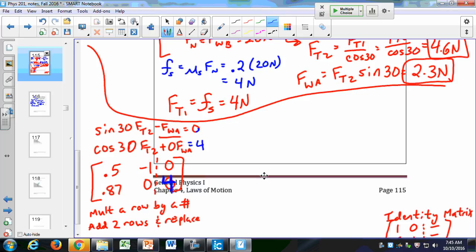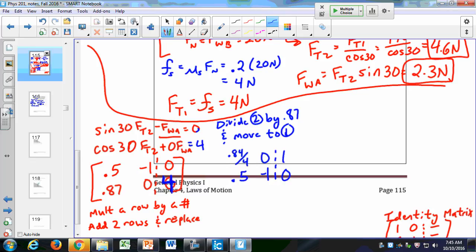All right, so I'm going to divide that second row, row 2, by 0.87, and move it to the first row, row 1. And so it's going to be 0.87 divided by 4, 0, 1, and then I'll still have 0.5, negative 1, and 0.